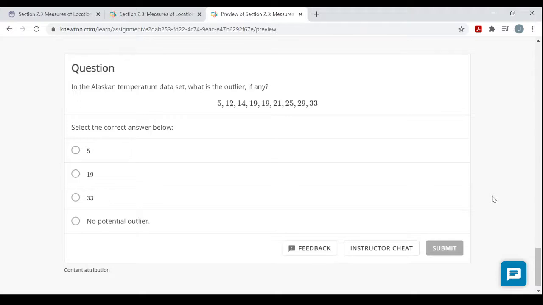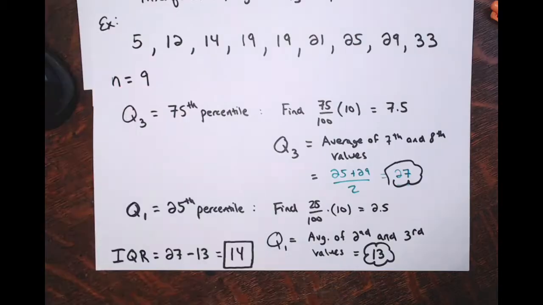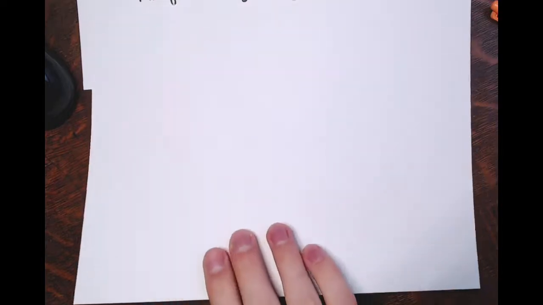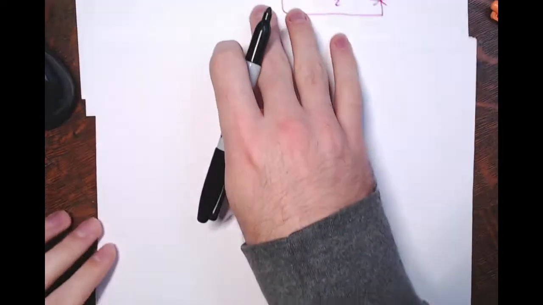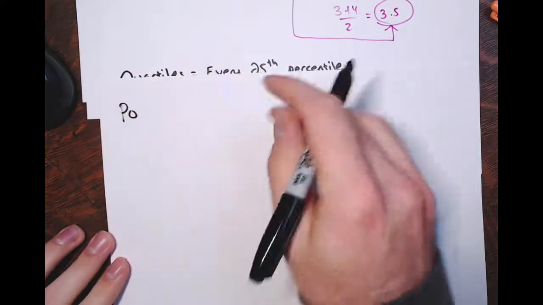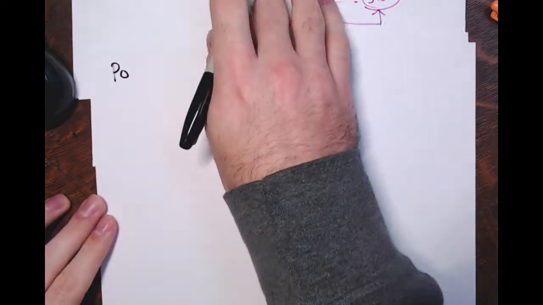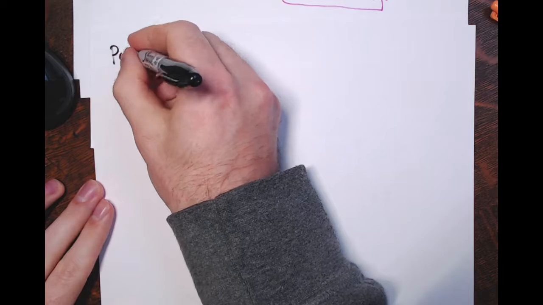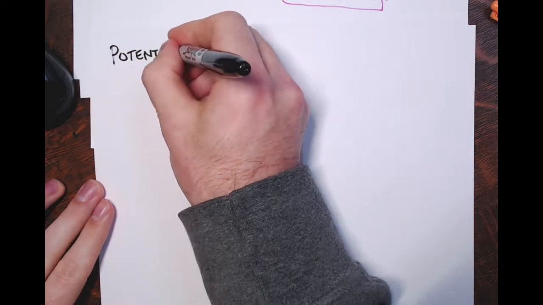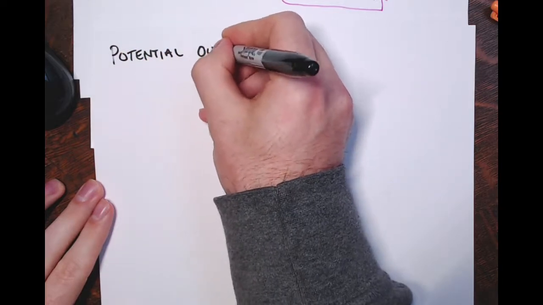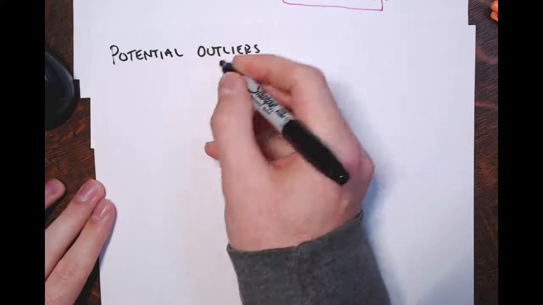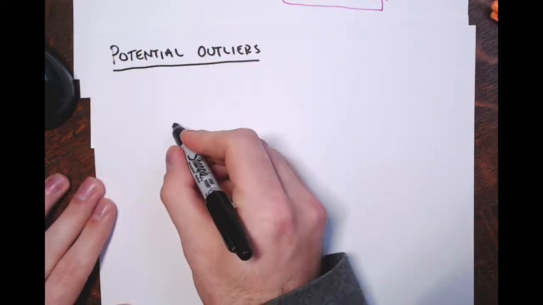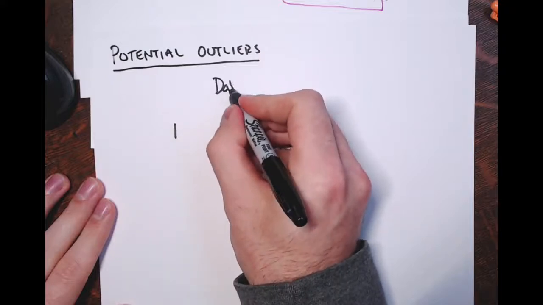Now, how do I determine if a number is an outlier? What are potential outliers? I'm going to go back to my paper here, and we'll talk about potential outliers. So here's a representation of a data set.